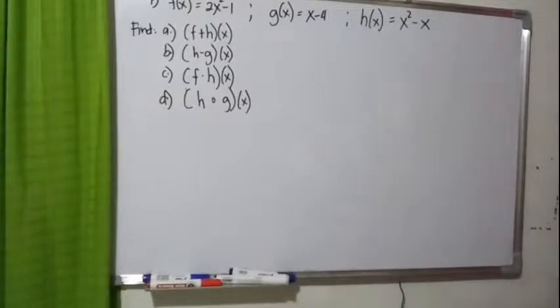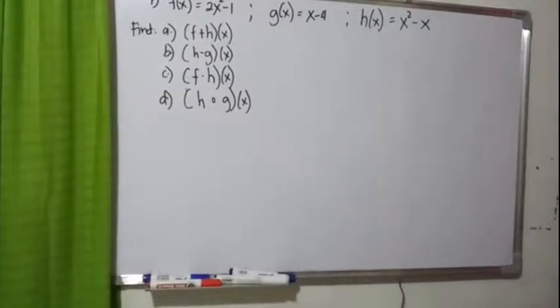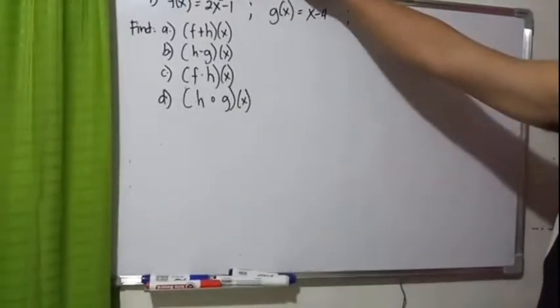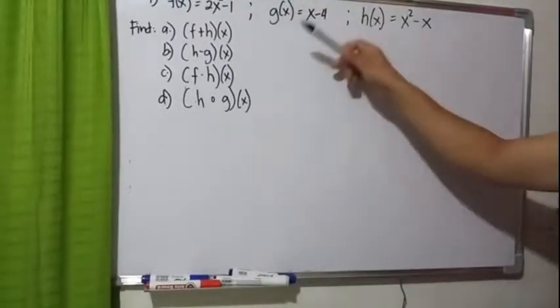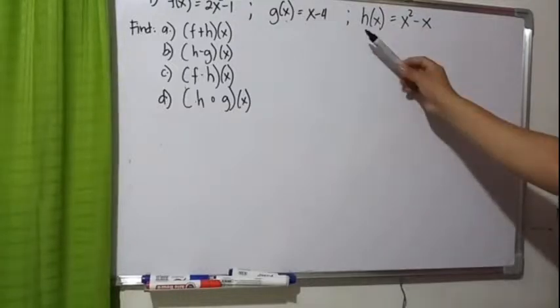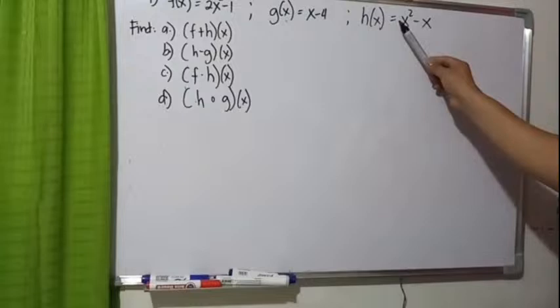So good evening everyone. Welcome to mathematics tutorial. So this evening we will discuss operations of functions, selected topics and composition of functions based on the given example. So given f of x equals 2x squared minus 1 and g of x equals x minus 4 and h of x equals x squared minus x.